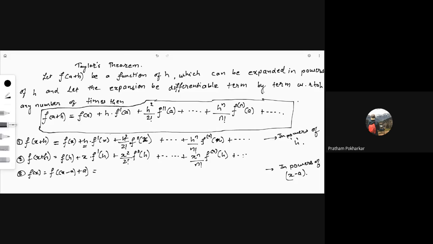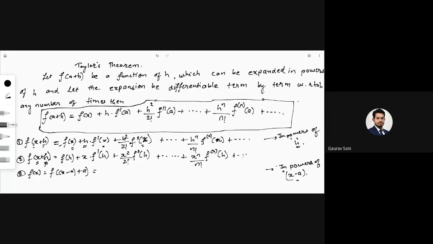Sir, f of x minus a plus a into f derivative of x minus a. You need it in powers of x minus a. देखो x और h दो चीजें हैं previous में. If I am writing in powers of x, then derivatives are to be taken at h. In the first deduction, as you can see, there are x and h. I need it in powers of h, so derivatives are taken at the place of x, right?